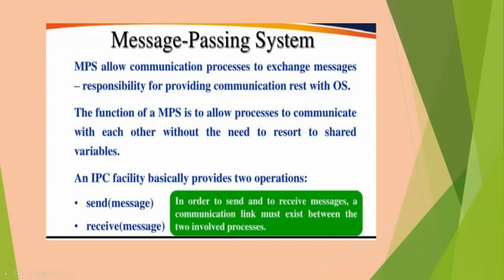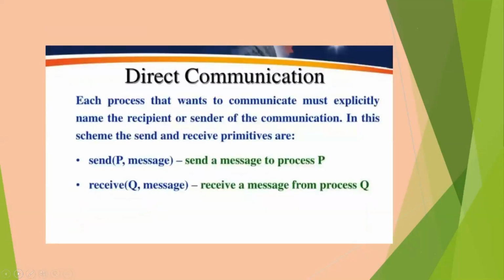Without a communication link, send and receive will not work. Direct communication: each process that wants to communicate must explicitly name the recipient or sender of the communication. Send(P, message), receive(Q, message): send a message to process P, receive a message from process Q.